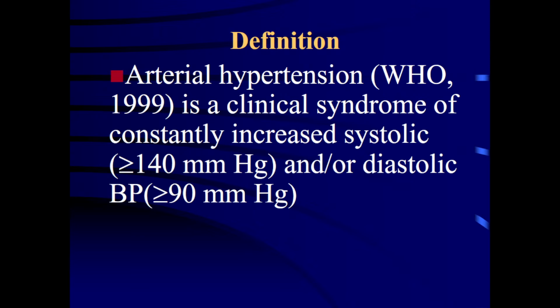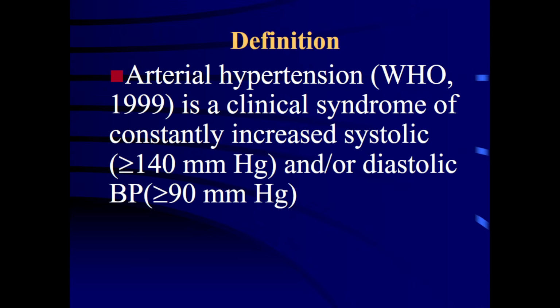The definition of arterial hypertension is well known to everybody. In 1999, the experts of the World Health Organization discussed this problem, and they defined arterial hypertension as a clinical syndrome of constantly increased systolic and diastolic blood pressure.